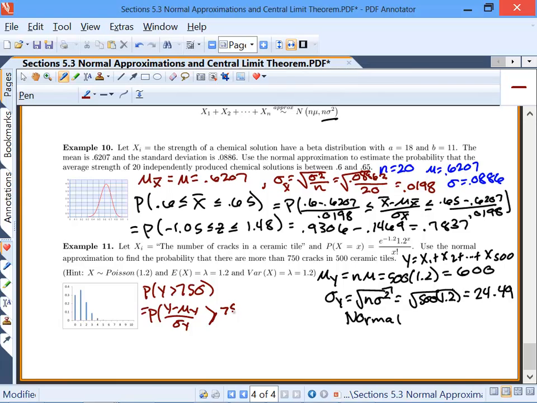So it's greater than 750 minus my mean of 600, over the standard deviation of 24.49. This is the probability that z is greater than 6.12.